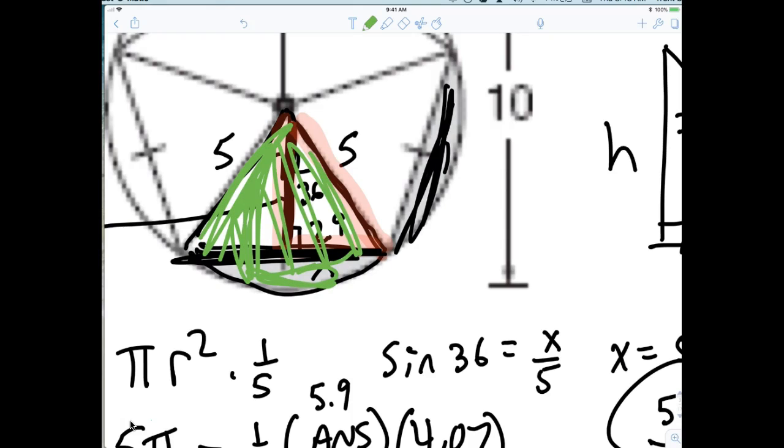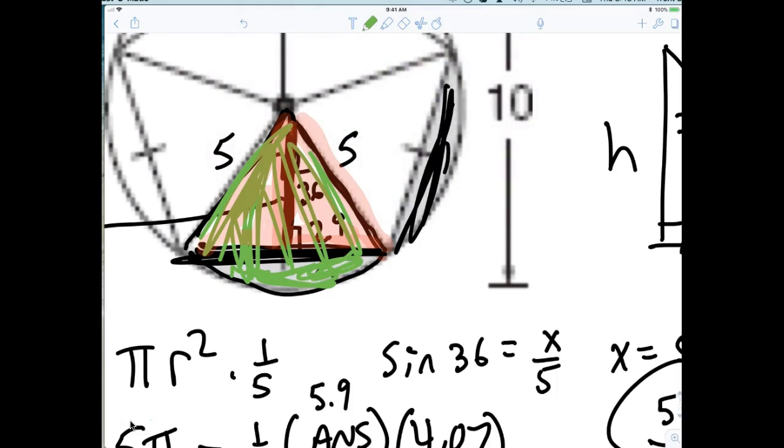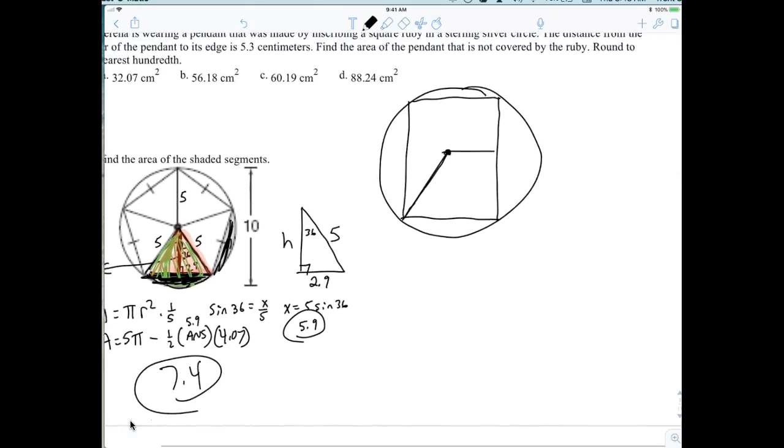And then I'm going to subtract out the triangle, and that will leave me with this region right here. Do you agree with me? And then multiply by 2. All right. Nice little problem.